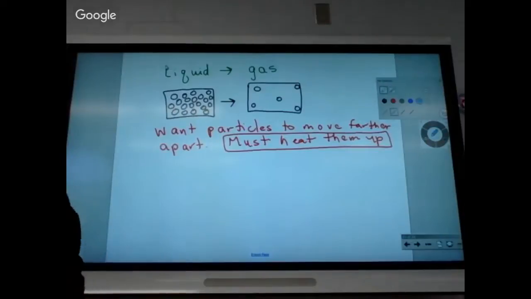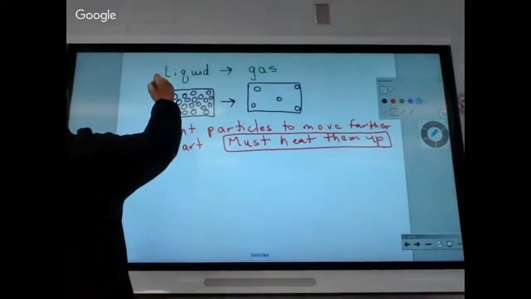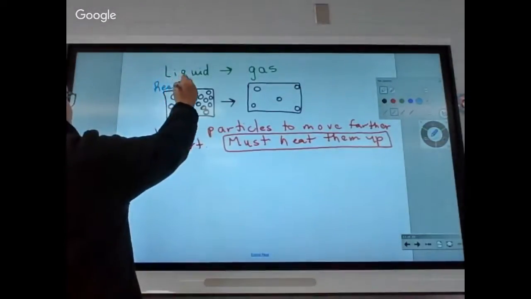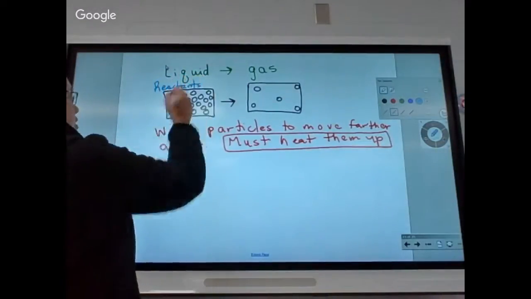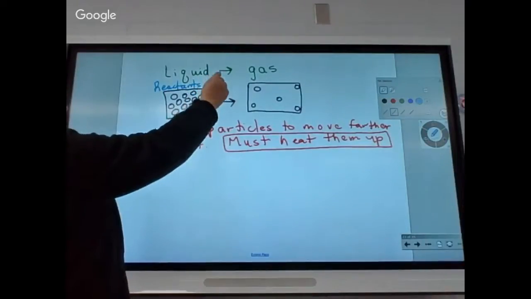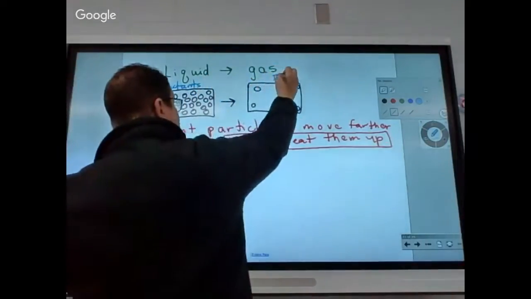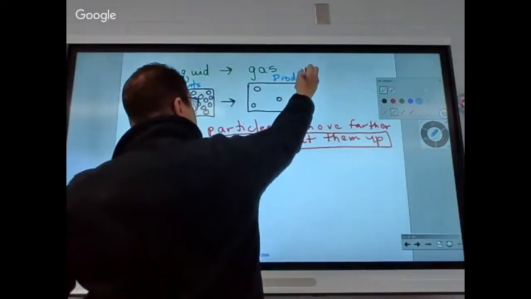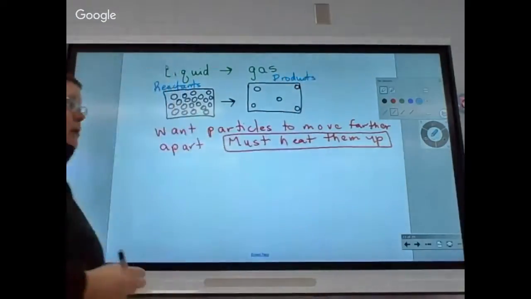Okay. Now, do you remember the words reactant and product from middle school? Okay, I got some nods out there. All right. This side is referred to as the reactants, and we're going to use these words lots when we use the chemistry section of the course. It's on the left of the arrow. This side is the products because it's on the right side of the arrow. Okay?